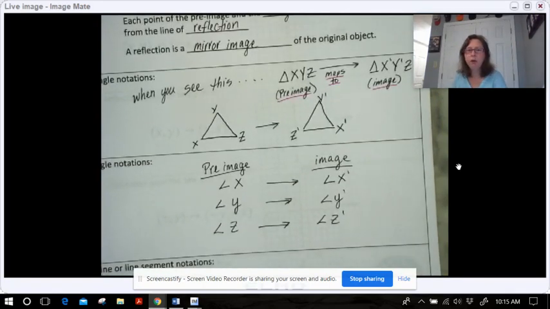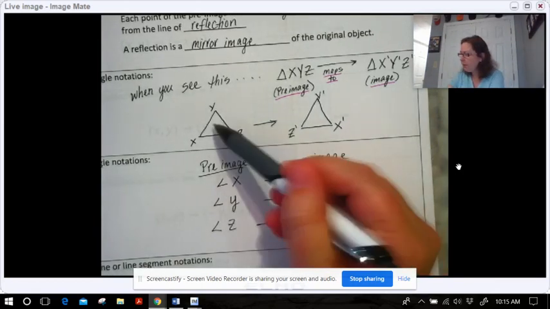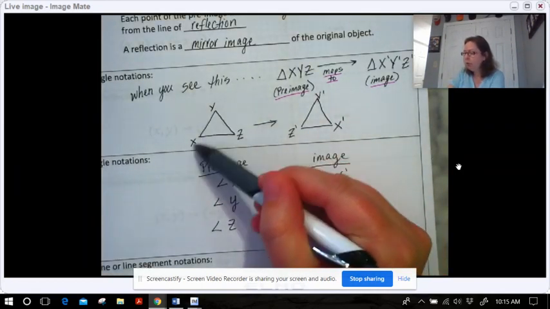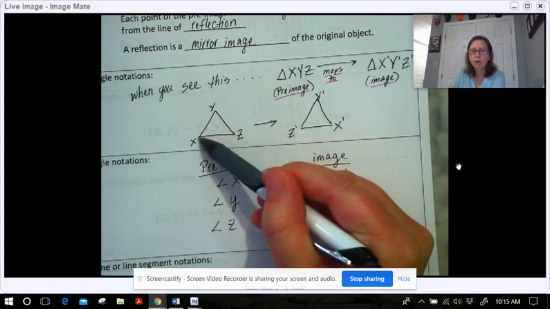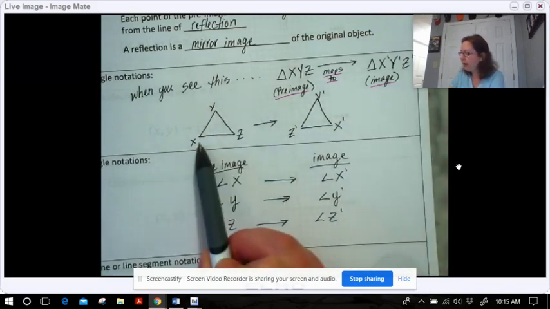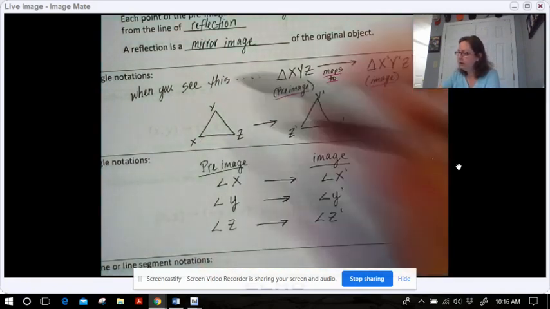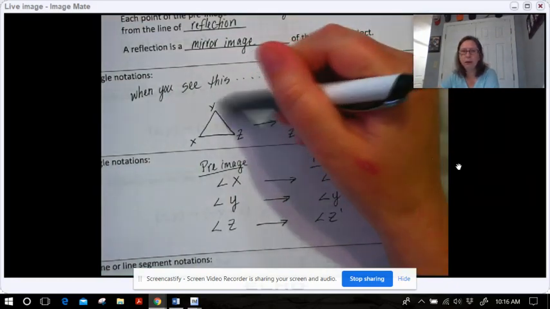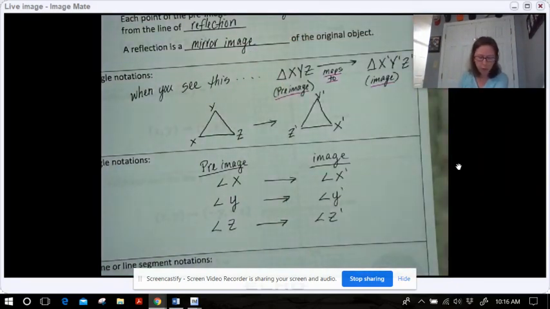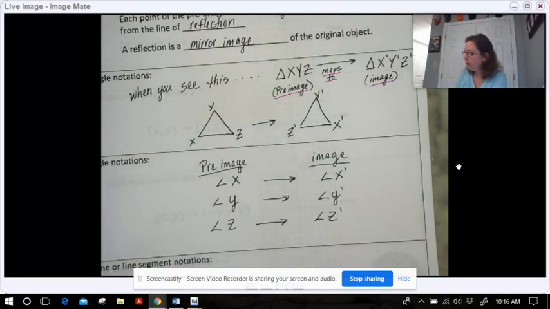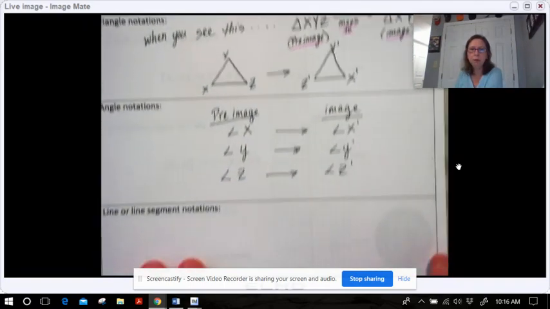Okay, what else can you talk about on a triangle? You can talk about the entire figure as an individual piece. You can break it down and talk about the angles, but you can also talk about the sides. So this would be side XY, this would be side XZ, and this would be side YZ. Okay, so let me move this down now.